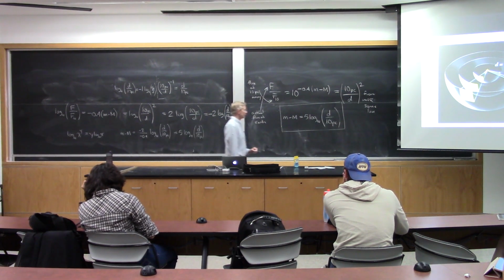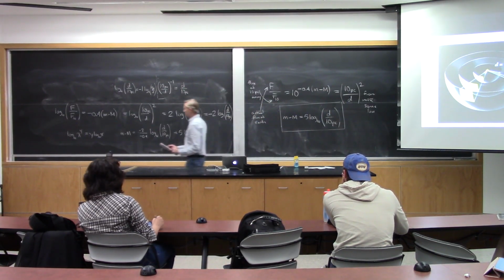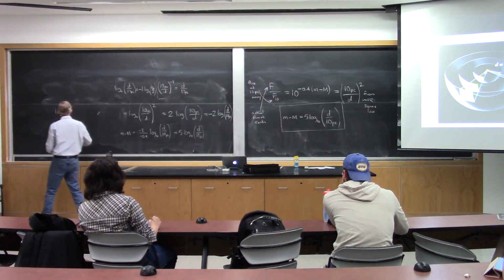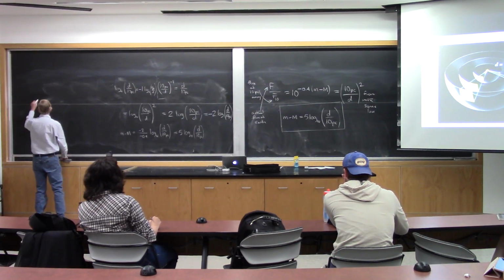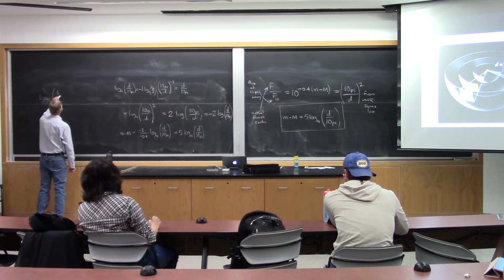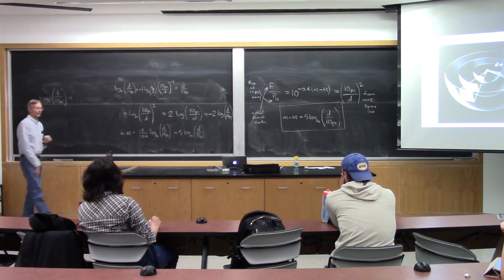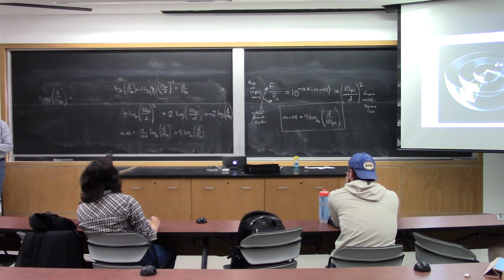But we can also write it in a more commonly used form. What's another way to write the logarithm of d over 10 parsecs as a difference?